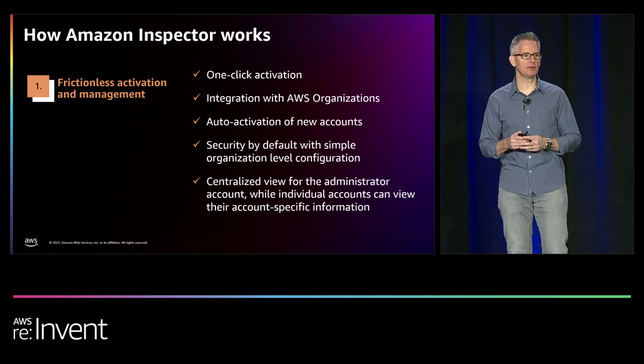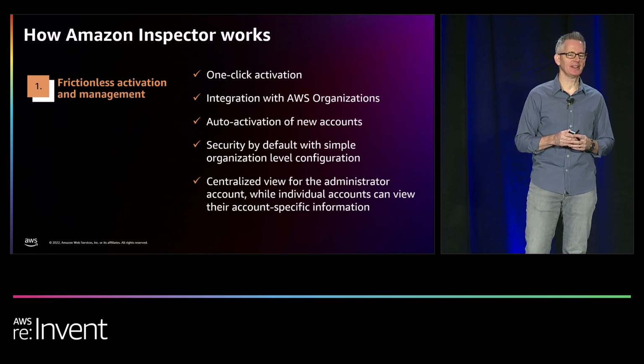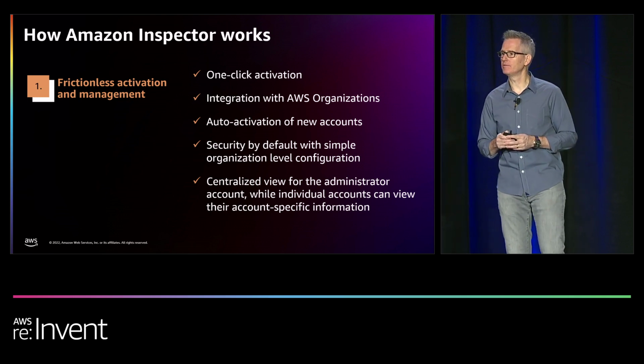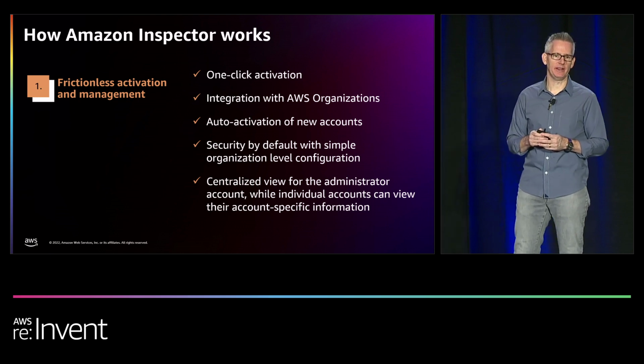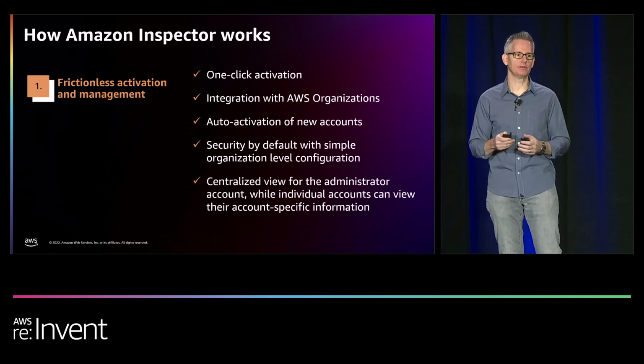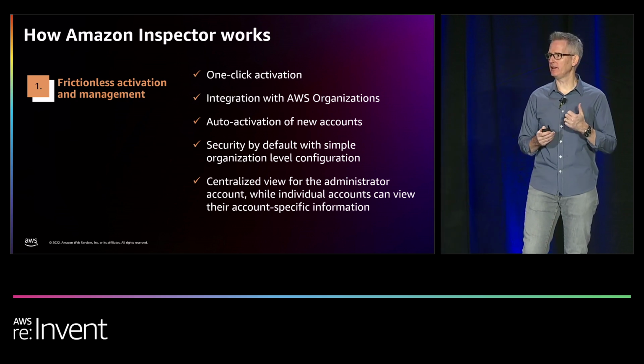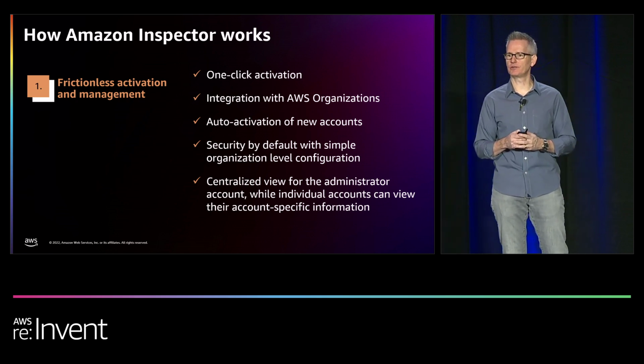So as an example of the power of this, we recently had a customer onboard and enable Inspector for 7,000 accounts. And they did this with just a handful of steps. Number 1, they had their organization set up already. They came to the Inspector console.